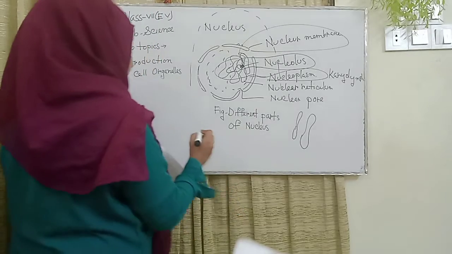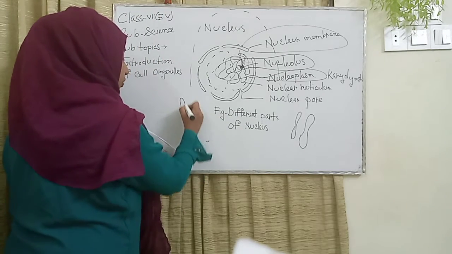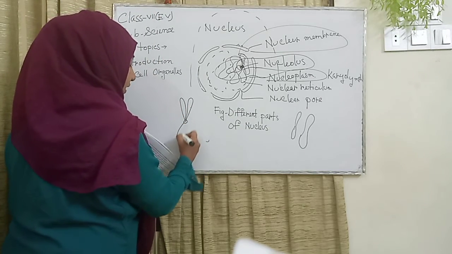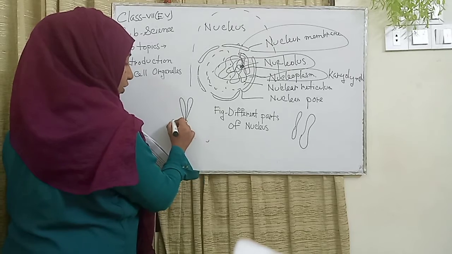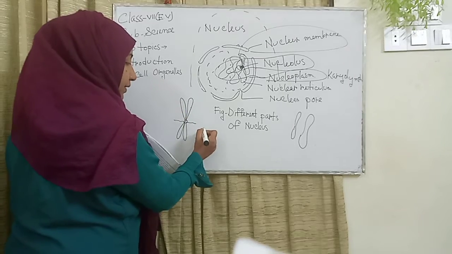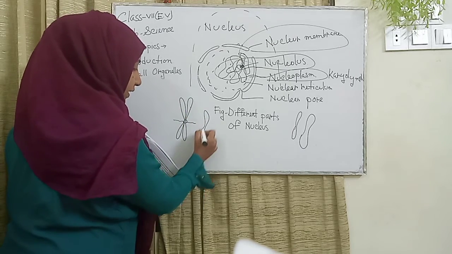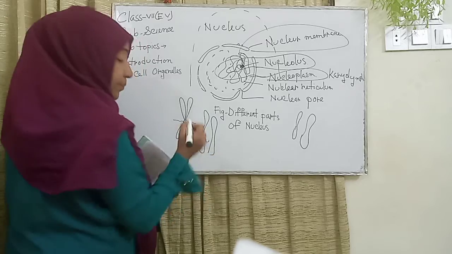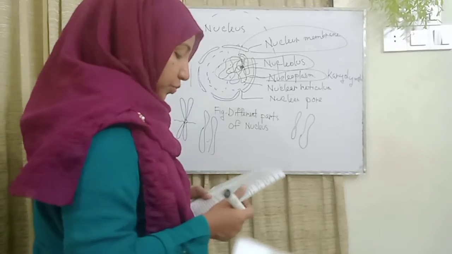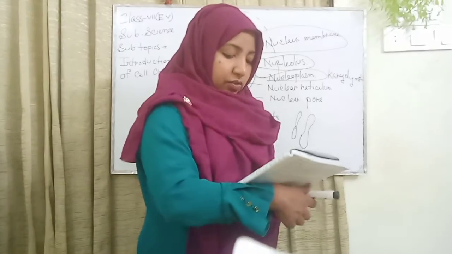Please everyone see the board. When I draw this structure, the first structure is the chromatin. When it breaks, it takes this type of structure. Then it becomes the chromosomes. Each piece is called a chromosome.